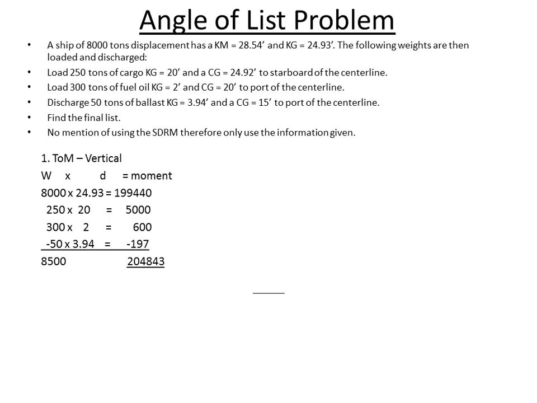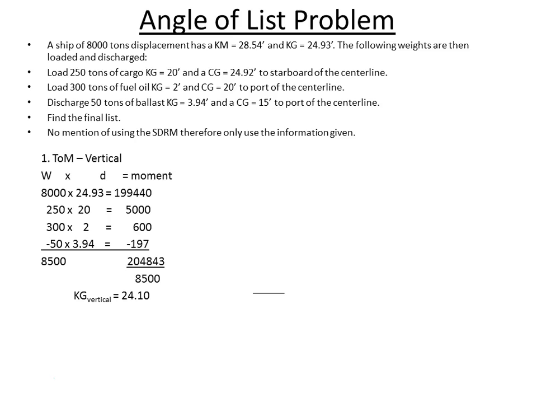There is our total weights, 8,500, and our total moments, 20,484.3. Our KG is our total moments divided by our total weights, and that gives us a vertical KG of 24.10.